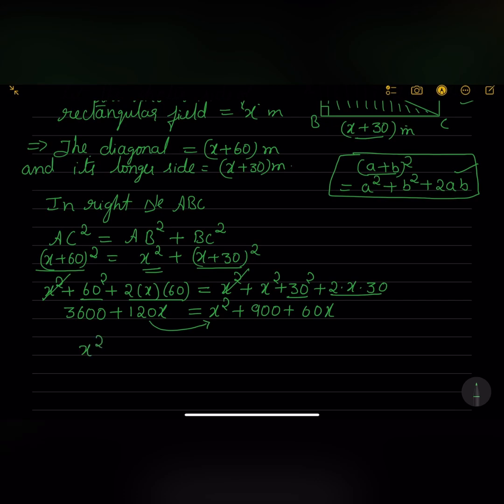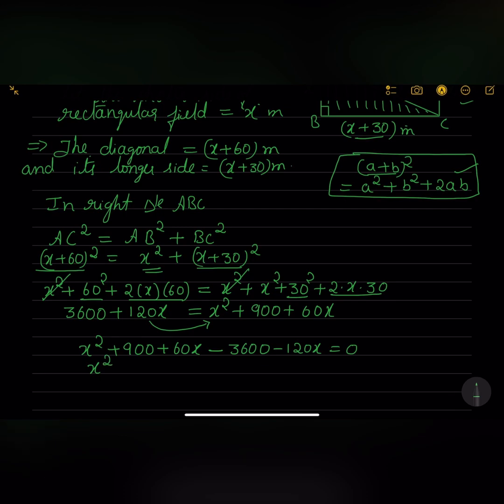We will get x squared plus 900 plus 60x minus 3600 minus 120x equal to 0. Now if we simplify, 900 minus 3600 is equal to minus 2700, and 60x minus 120x is equal to minus 60x. So x squared minus 60x minus 2700 is equal to 0.